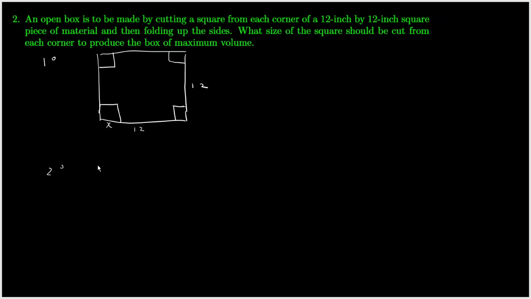We want to maximize the volume, right? At least we need one variable to denote the volume. So let V be the volume. We kind of use the standard notation. You know V is the standard notation for the volume, right? We let V be the volume of the box. I'm not going to write the box. You know the meaning of the volume already.